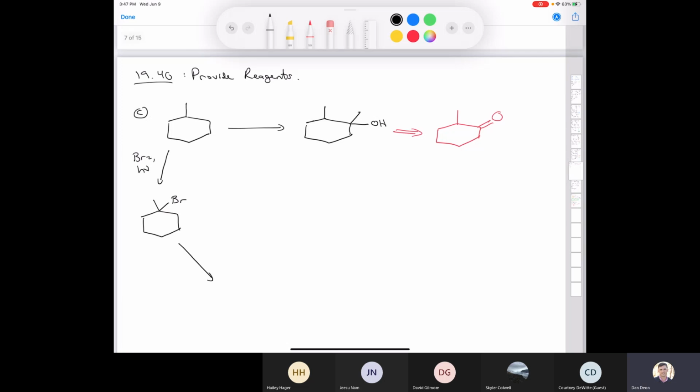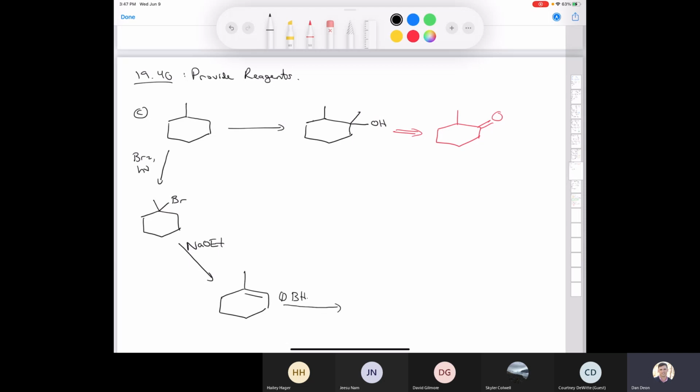So if I take this and I treat it with an unhindered base, I would end up with the double bond right here. Okay. So if I treat that with sodium methoxide, I end up with the Zaitsev product, and then I could do an anti-Markovnikov addition of water, right?